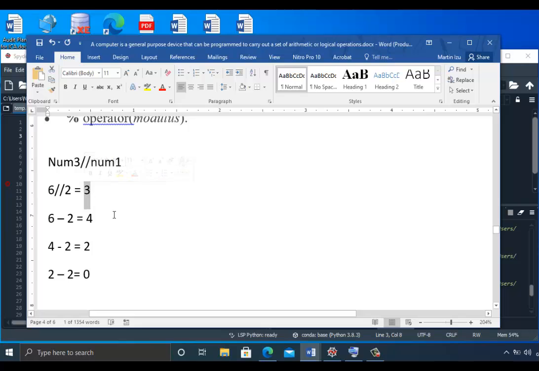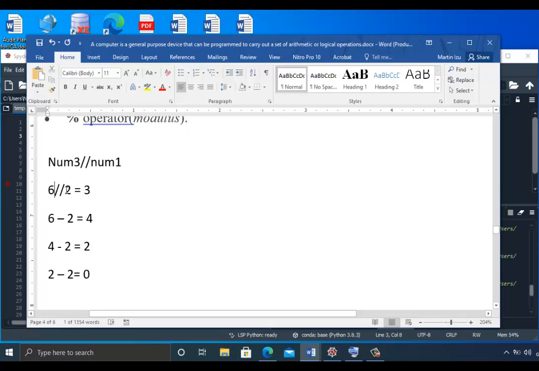So division is finding how many times the right-hand operand can be found in the left-hand operand. This is 6, this is 2, with the operator in between. So how many times will 2 occur in 6?